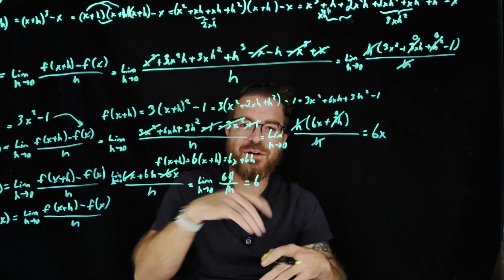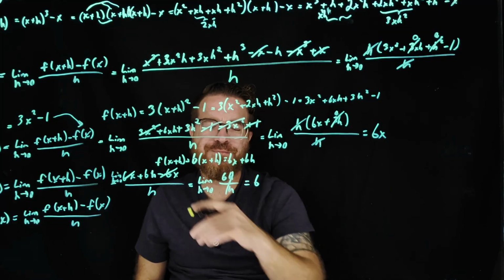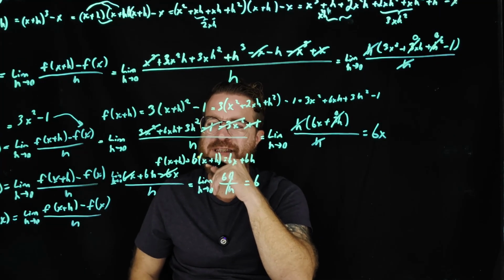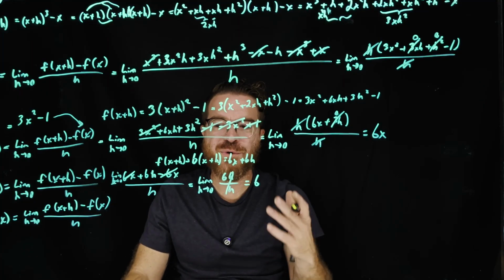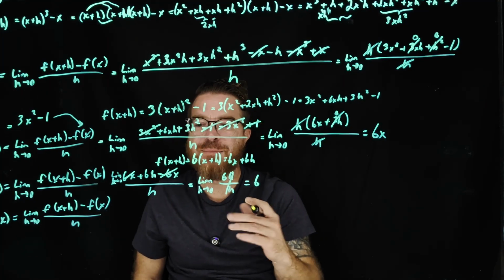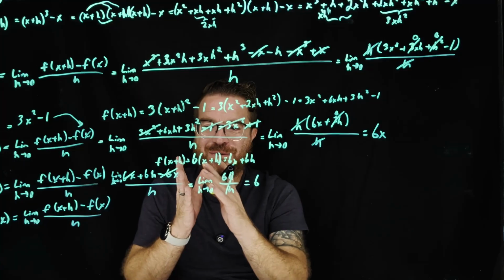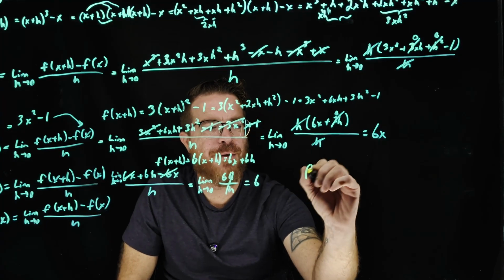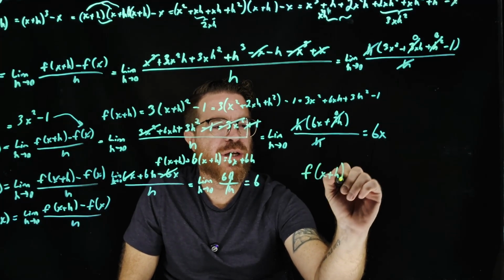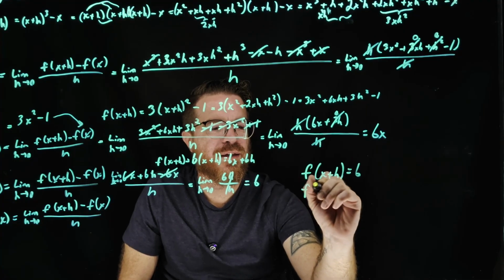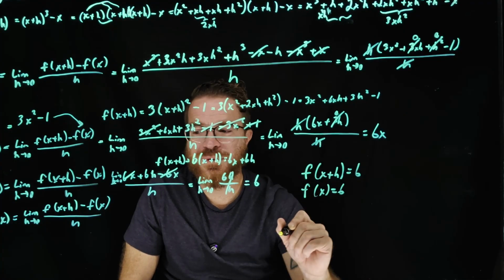Basically, if you were to follow through with the steps for this, you're going to end up getting, here, let me just write it out. F of x plus h is equal to 6. F of x is also equal to 6.